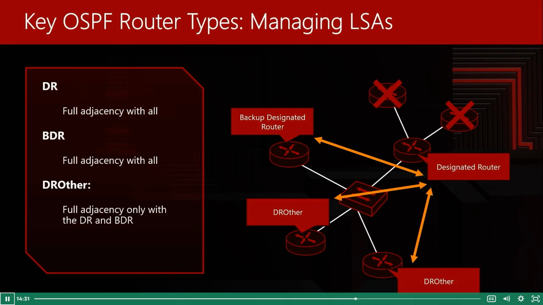It will look something like that at the end. Everyone is going to have full adjacency towards the DR and the backup designated router as well, but between the DR others, they won't form an adjacency. It's not needed.